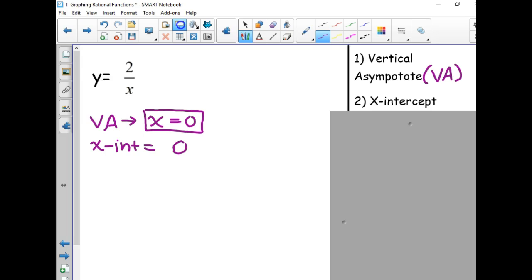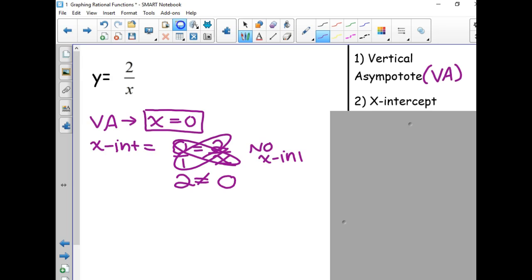So if I have 0 is equal to 2 over x, does that work? Think about it. If I try to solve for x by cross multiplication, that gives me 2 times... well, 0 times anything is 0. Does that work? No. So is there an x-intercept? No, there's no x-intercept. That happens. That means it will never cross the x-axis.